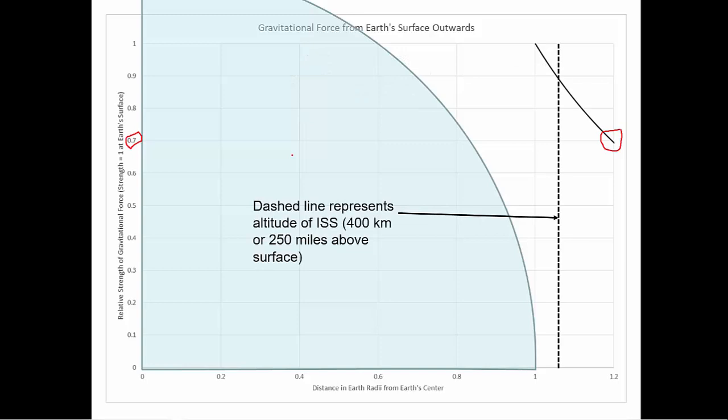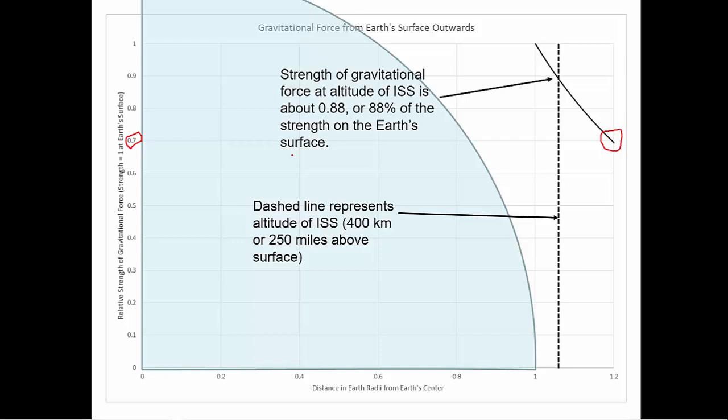Now, this dashed line that I drew on here represents the altitude of the International Space Station, which is 400 kilometers above the surface, or 250 miles. And at that point, the gravitational force is 88% of its strength on the Earth's surface.